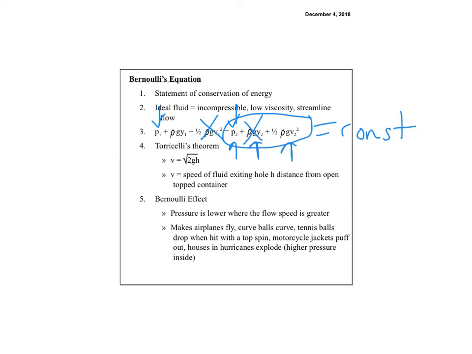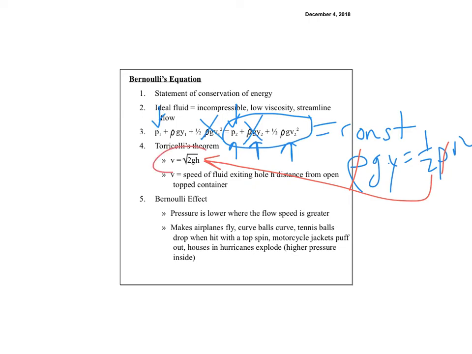With Torricelli's theorem, with things open at both sides, you simply end up with rho g h equals 1/2 rho v squared. Then you can cancel out the rhos, and when you solve it, you end up with v equals the square root of 2gh. Just remember, you cannot just start here. You have to explain how you get there if you use that theorem.